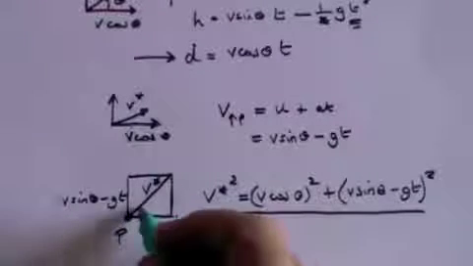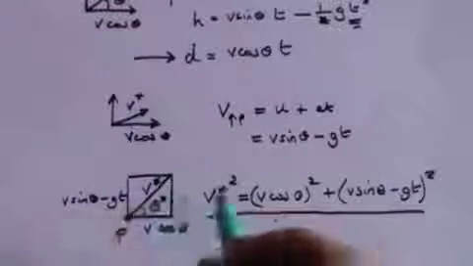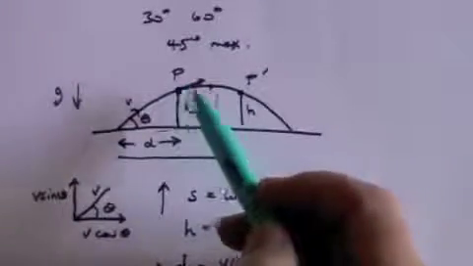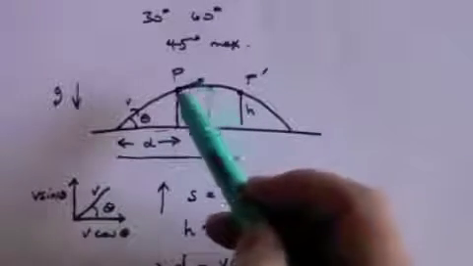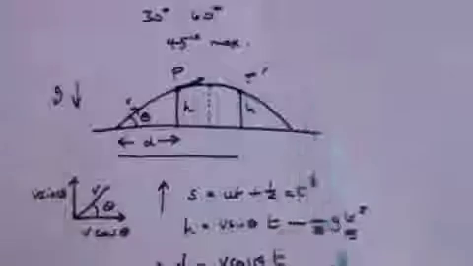And if you want to know what that new angle theta star is at point P, so in other words, at this point here, what is the angle with the horizontal of the velocity once you get to point P?